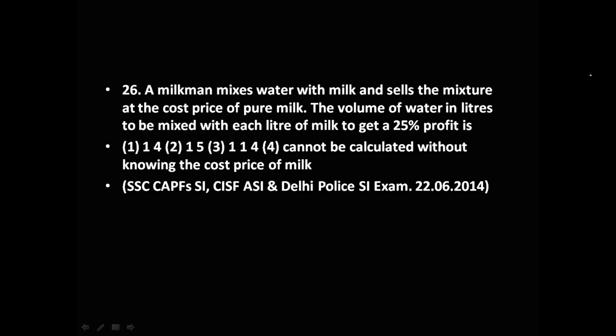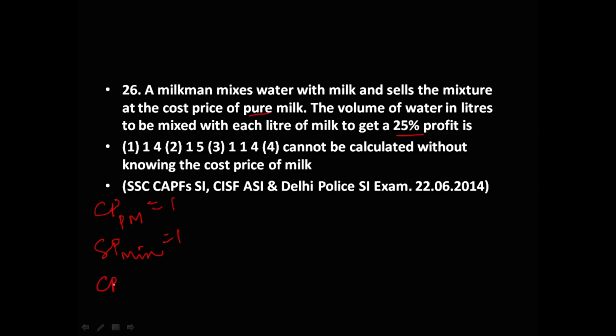A milkman mixes water with milk and sells the mixture at the cost price of the pure milk. So if the CP of pure milk is 1, then SP of the mix is 1. The volume of water in liters to be mixed with each liter of milk to get a 25% profit. So it's a profit of 25%.